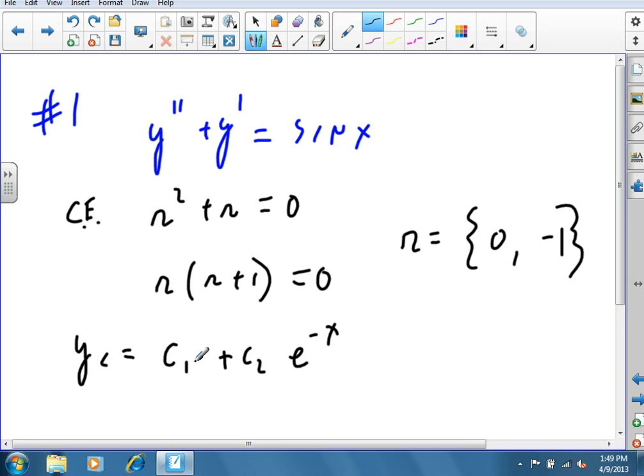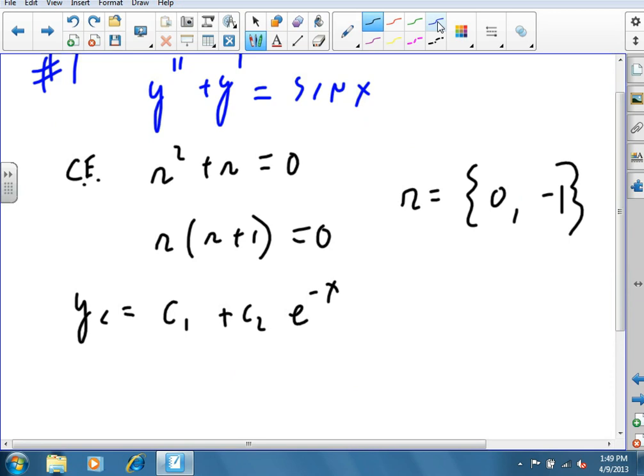So there's an e to the 0 sitting there. Well, e to the 0 is 1, so I don't write it down. But that root of 0 ends up being there too. Okay, so that's that guy. And then we say, well, y sub p is in the form a sine x plus b cosine x.